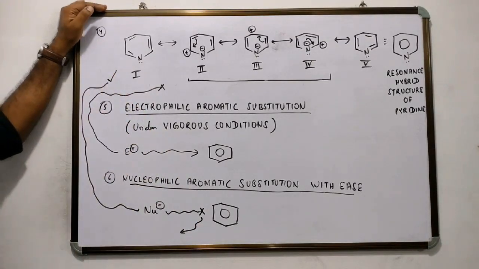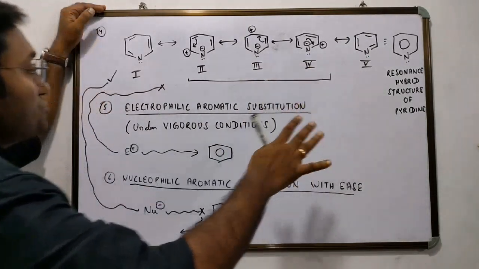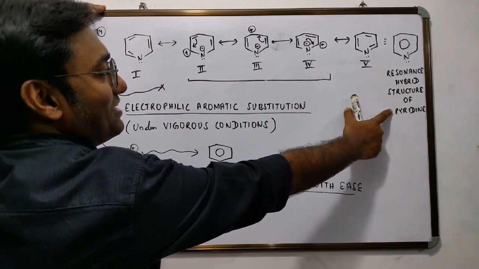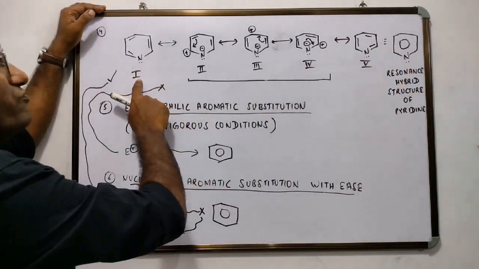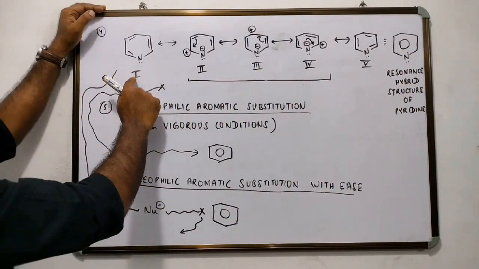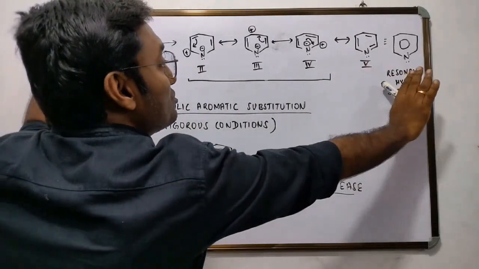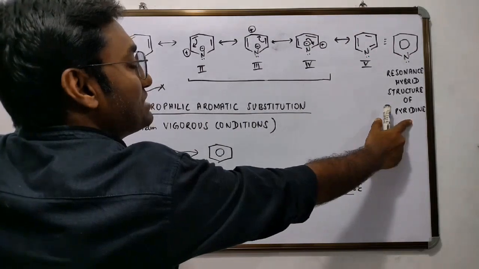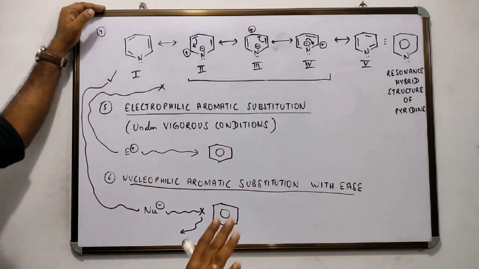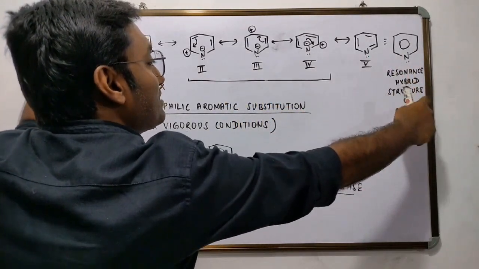Point number 4, the true structure of pyridine, note the point, is not the Kekulé structures but the resonance hybrid structure of pyridine, which is a combination of 5 resonating structures of pyridine, of which structure number 1 and structure number 5, the Kekulé resonating forms, have a major contribution towards the resonance hybrid structure, while structures 2, 3 and 4, the ionic resonating forms, have a lesser contribution towards the resonance hybrid structure.